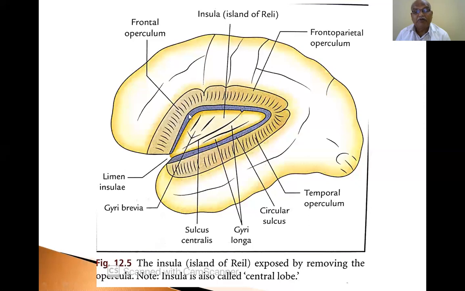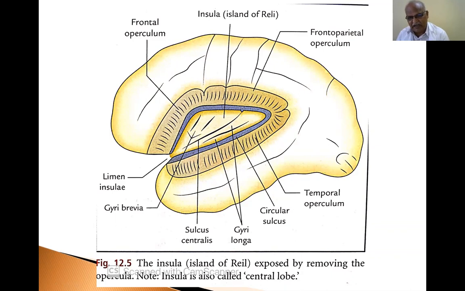The fifth lobe is concerned with part of the frontal lobe, part of the parietal lobe, and part of the temporal lobe. These parts of the cerebral cortex are hidden, and that is called the central lobe, or the fifth one.